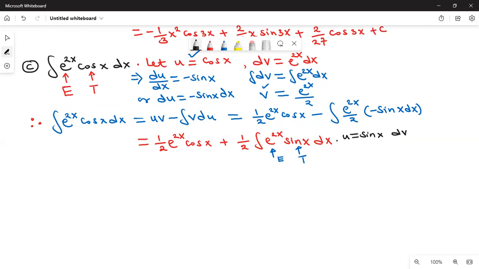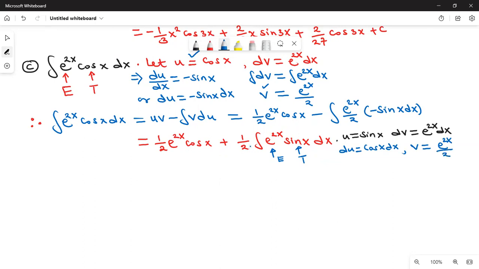Our dv will be the remaining, that is exponential 2x dx. When you differentiate u, du dx is equal to the derivative of sine x, that is cos x, so du is cosine of x dx. Integrate dv to get v equal to exponential 2x over 2.